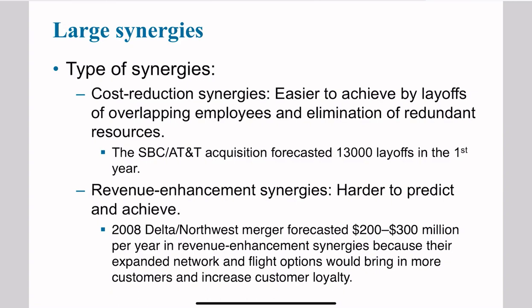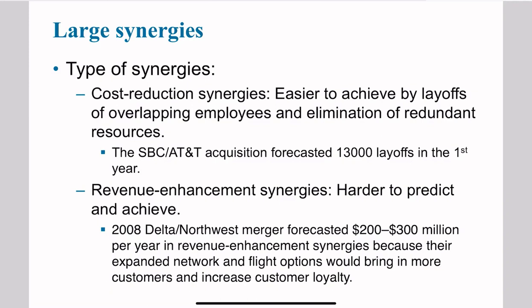And the second type of synergy is the revenue enhancement synergies. For example, in 2008, Delta and Northwest merged. Both of them are airlines, and they forecasted $200 to $300 million per year in the revenue enhancement synergies because they think after merging with each other, they would expand their network, they would have more flight options.